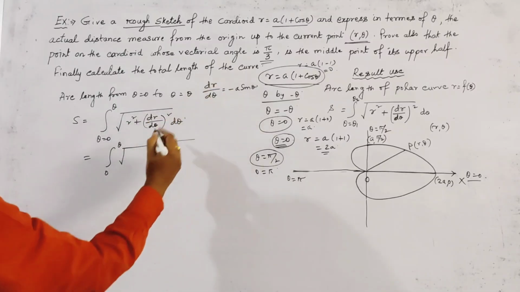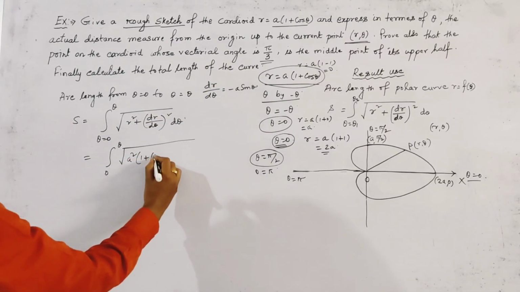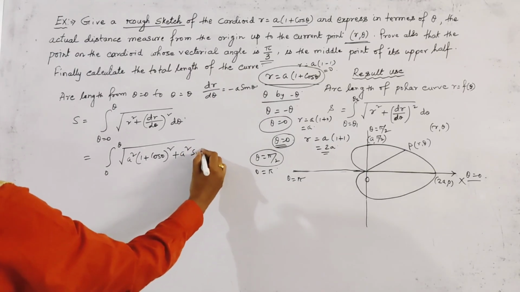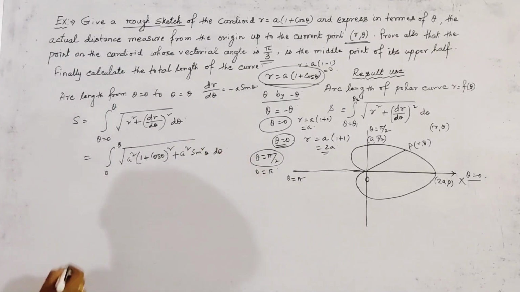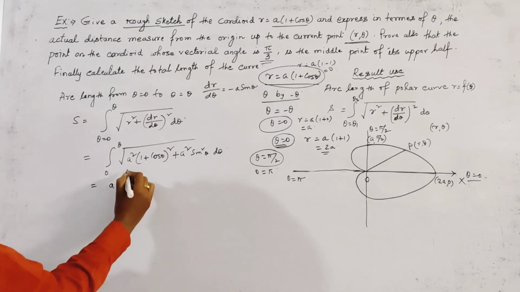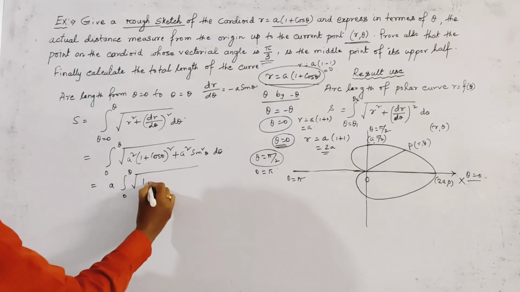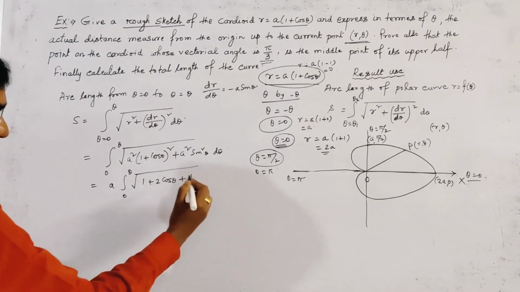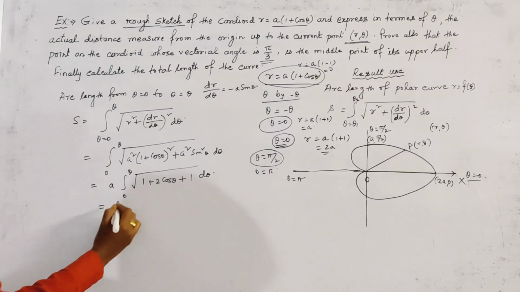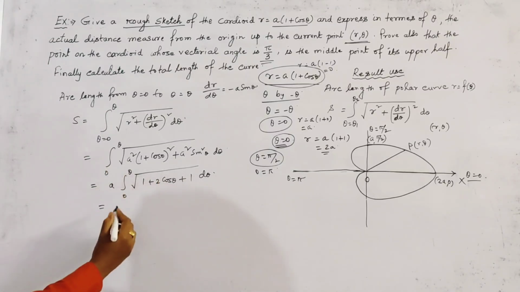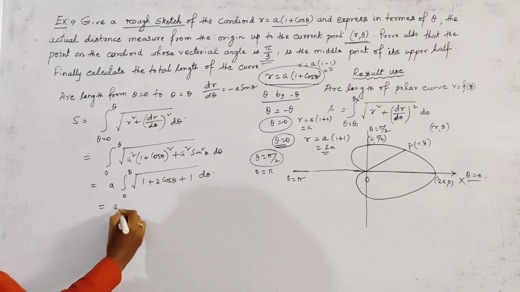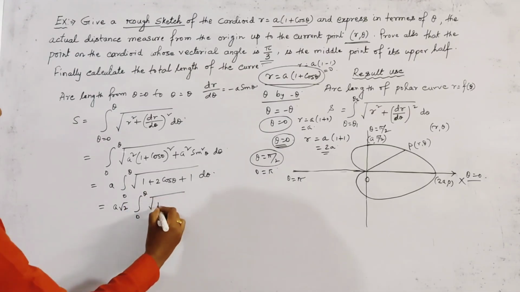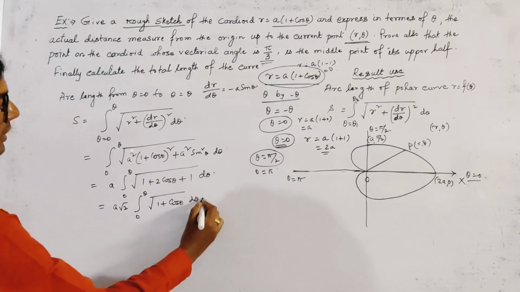under r square, which means a square into (1 plus cos theta) whole square, plus a square into sin square theta, d theta. So we get a into the integration from 0 to theta of root under 1 plus 2 cos theta plus cos square theta plus sin square theta, which means 1, and by taking 2 common we get a into root 2 into the integration from 0 to theta of root under 1 plus cos theta d theta.